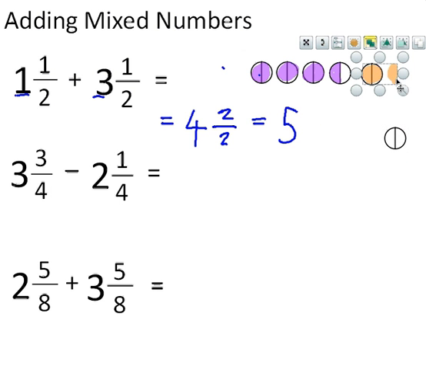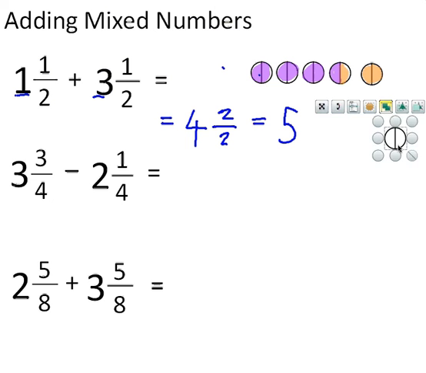Okay, if I just put that half there, in fact, that half right there. Yeah, there's the 1.5. So we've got 3.5 plus 1.5, and that makes a total of 5.